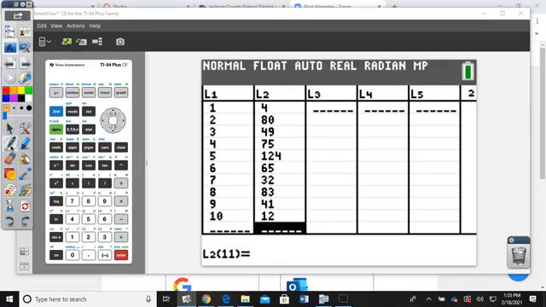Okay, and again, we're going to count how many times the direction changes to know which formula to use. So this one from 4 to 80 went up, 80 to 49 went down, 49 to 75 went up, 75 to 124 went up, 124 to 65 went down, 65 to 32 went down, 32 to 83 went up, 83 to 41 went down, and 41 to 12 went down.